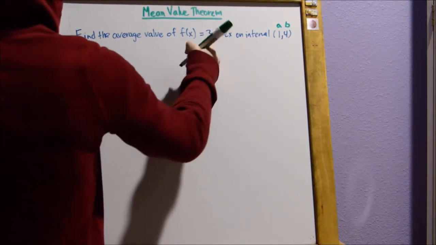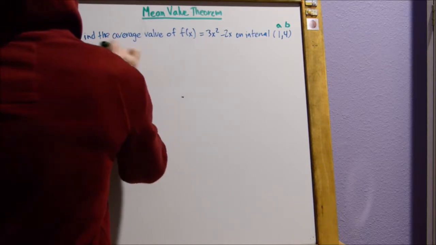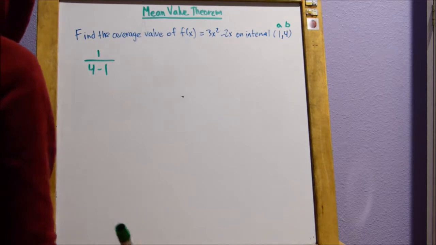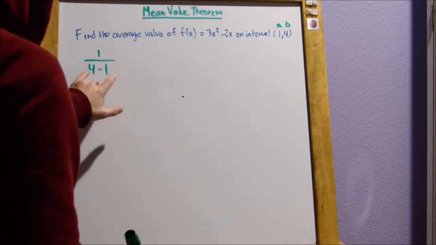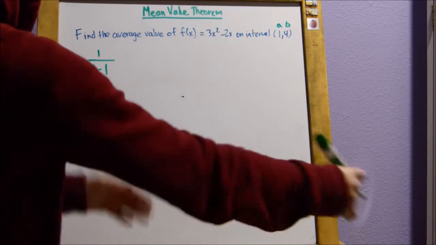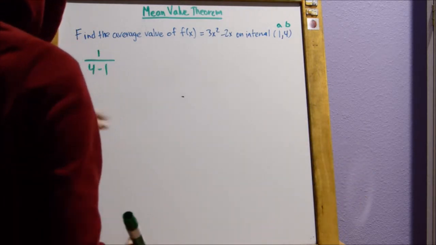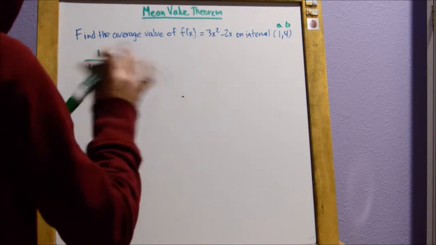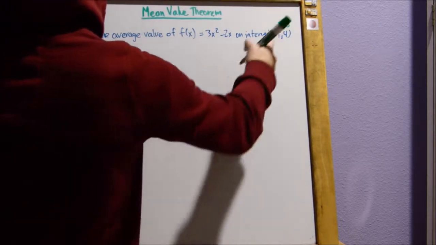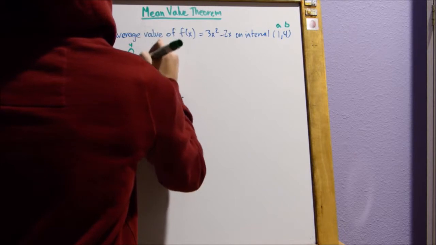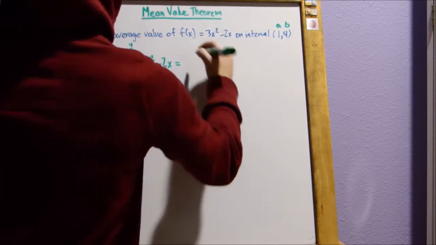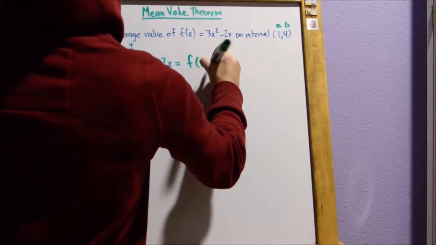So this is going to be 1 over b minus a, 4 minus 1. That's going to be the base of the rectangle, but you multiply by 1 over b minus a. So times the integral from 1 to 4 of 3x squared minus 2x equals f of c, the average value.